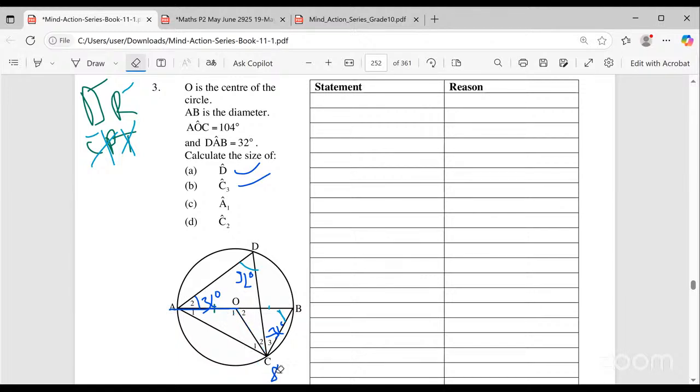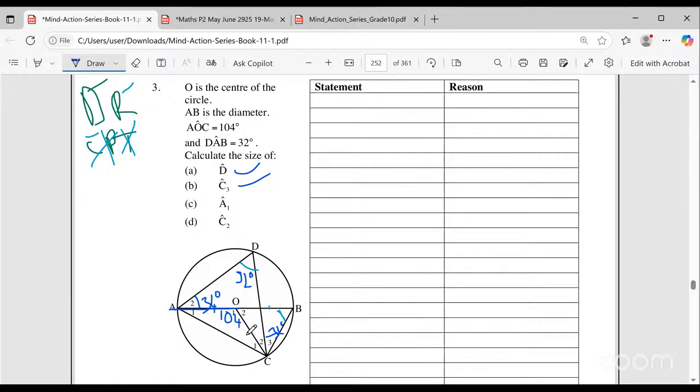We are having 104 here. AOC, we're having 104 here. So 180 minus that 104, we get 76. Then that 76 you divide by 2, you get 38 for this one, you get 38 for this one as well. You now get it? Yes, sir. Okay, thank you guys. Then we are done with this one.